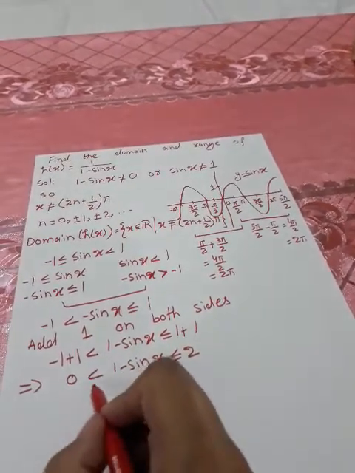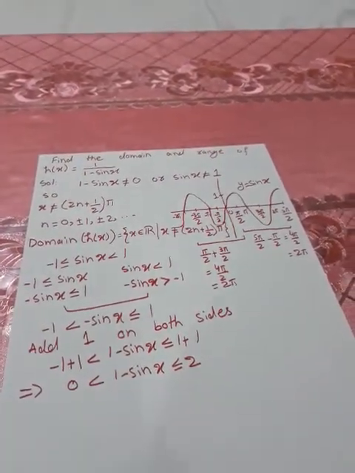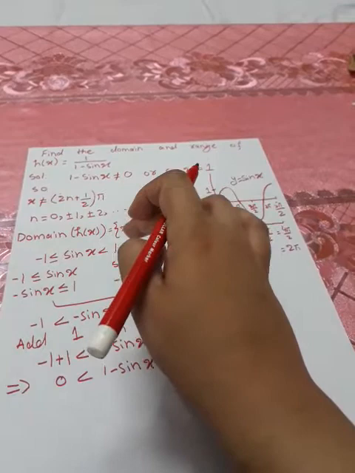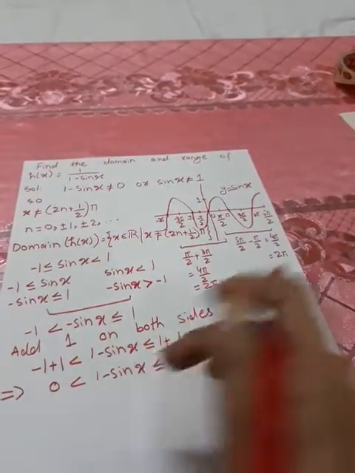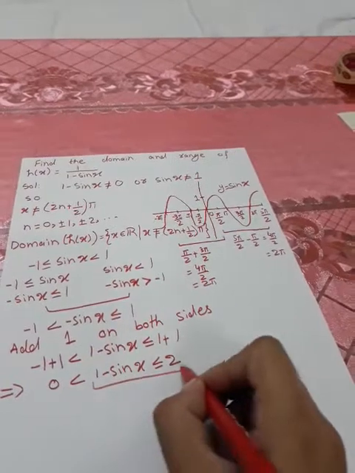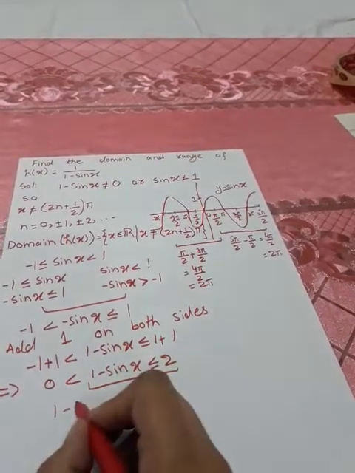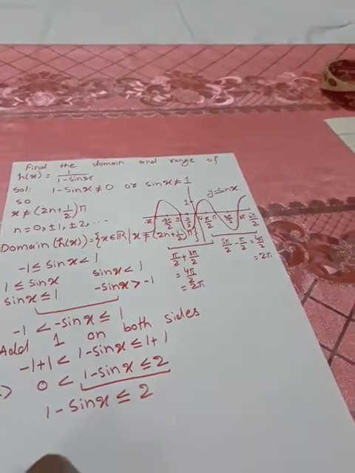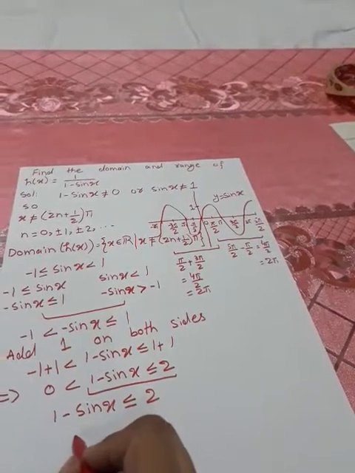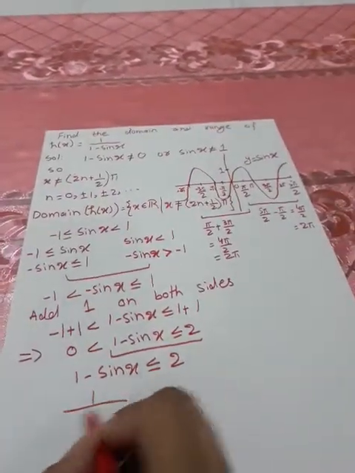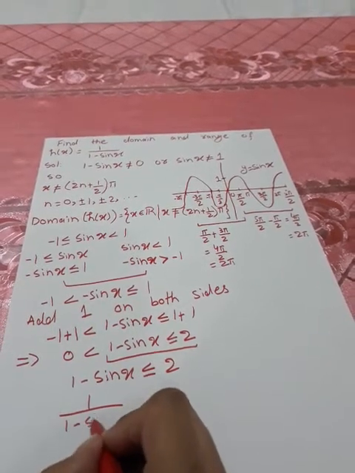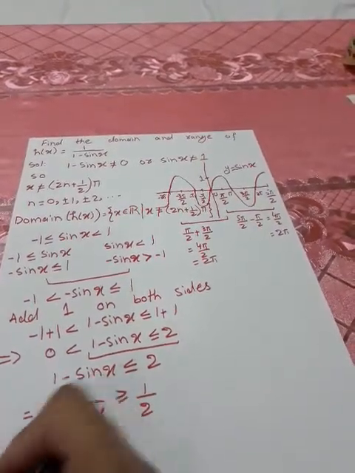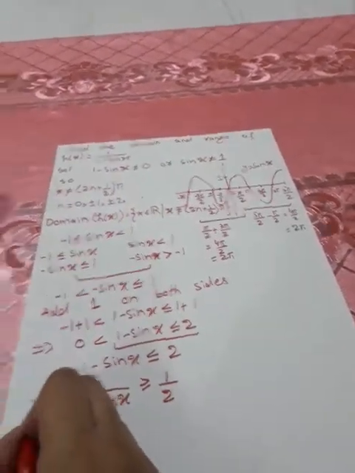Right? Now 0 is less than 1 minus sin x is an obvious statement because sin x lies between minus 1 to 1 where minus 1 is included but 1 is not included. So it is obvious that 0 is less than 1 minus sin x. Now let us consider this part of the inequality. I have 1 minus sin x is less than or equal to 2. By taking reciprocal on both sides, I have 1 divided by 1 minus sin x is greater than or equal to 1 by 2. And what is it? It is the given function h of x. So what do I get now?